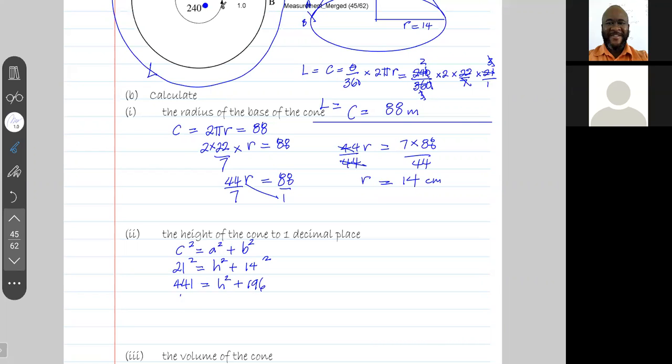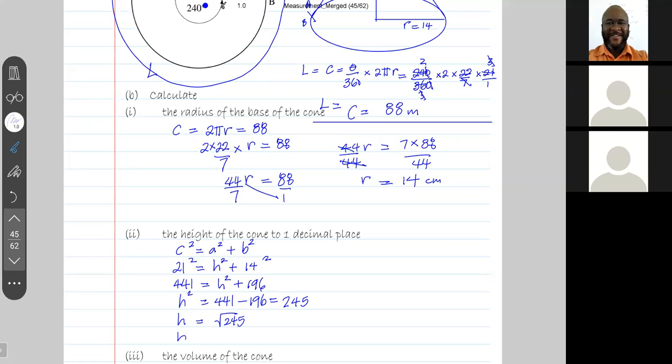So h squared is equal to 441 minus 196, which is 245. H, the height of the cone, is the square root of 245.